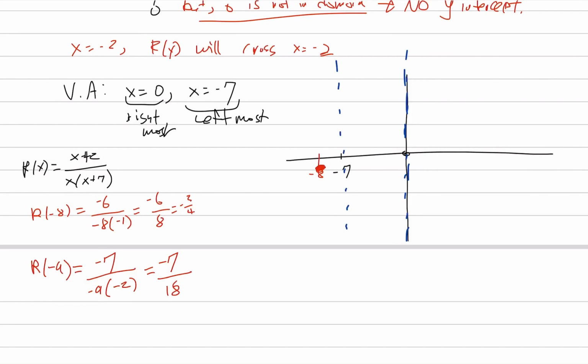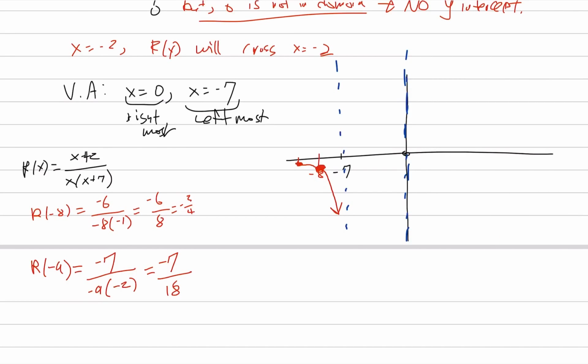Which is bigger, or closer to zero, than at negative 8, so it'll be somewhere here. So the graph will be shaped something like this. It goes towards negative infinity. So we establish the one side.